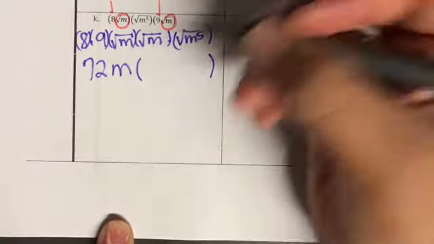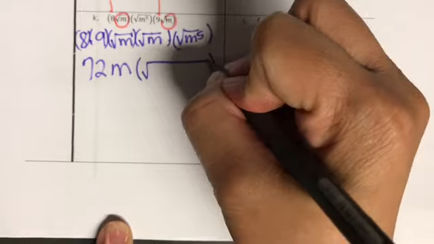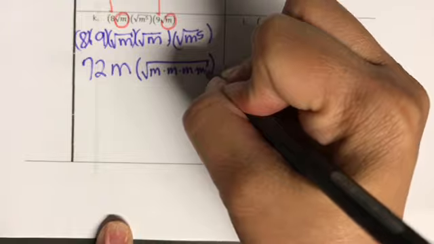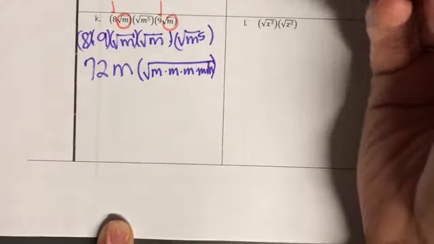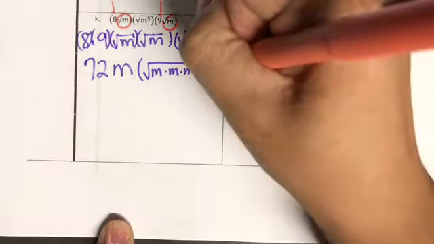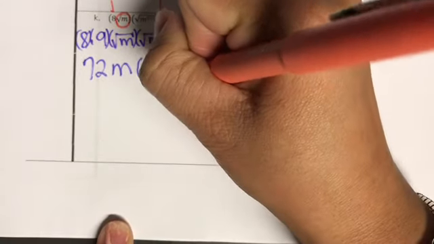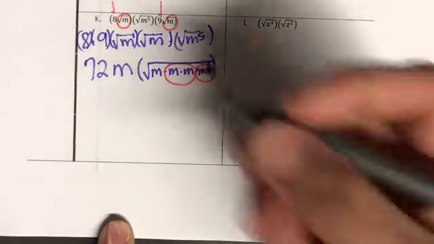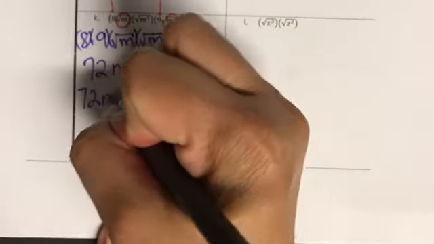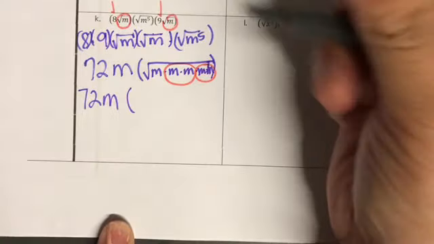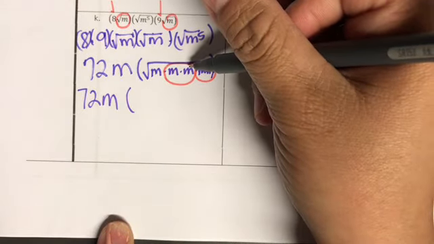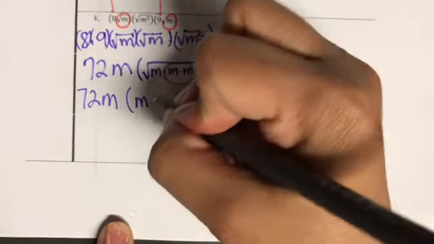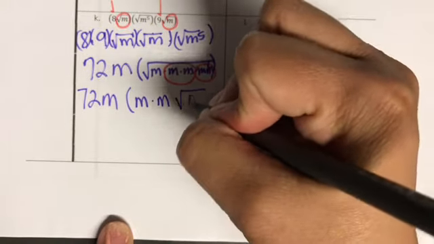So then whatever I have left over is m to the 5th, which I'm going to expand. I'm going to take out every set that I have. I have 2 pairs. So I'm going to keep on working. 72m times the square root of m squared is m. The square root of the second m squared is m times the square root of m.